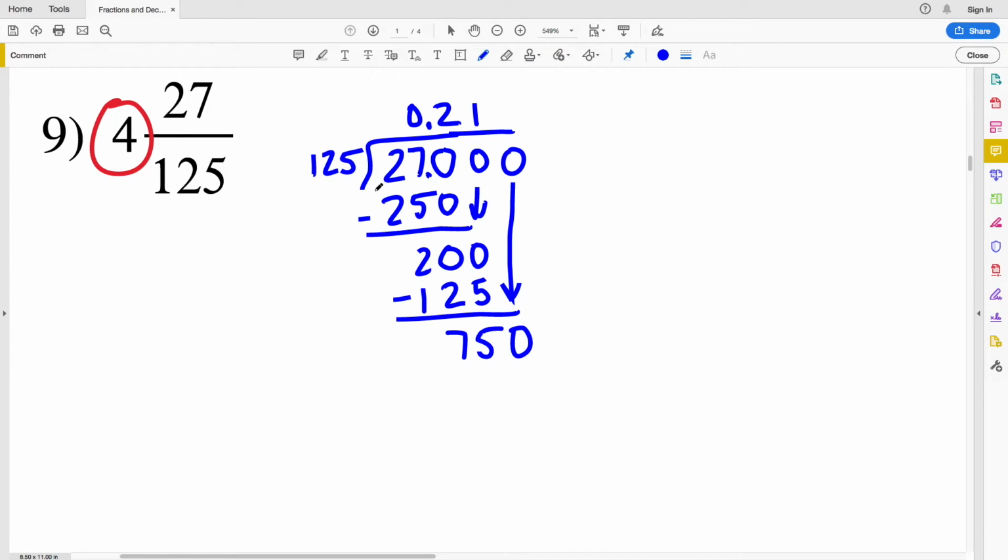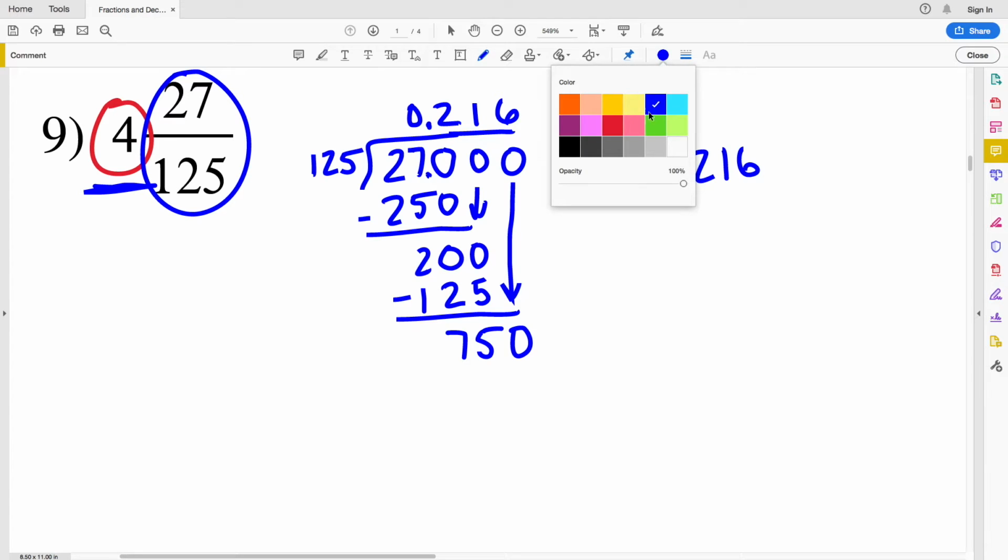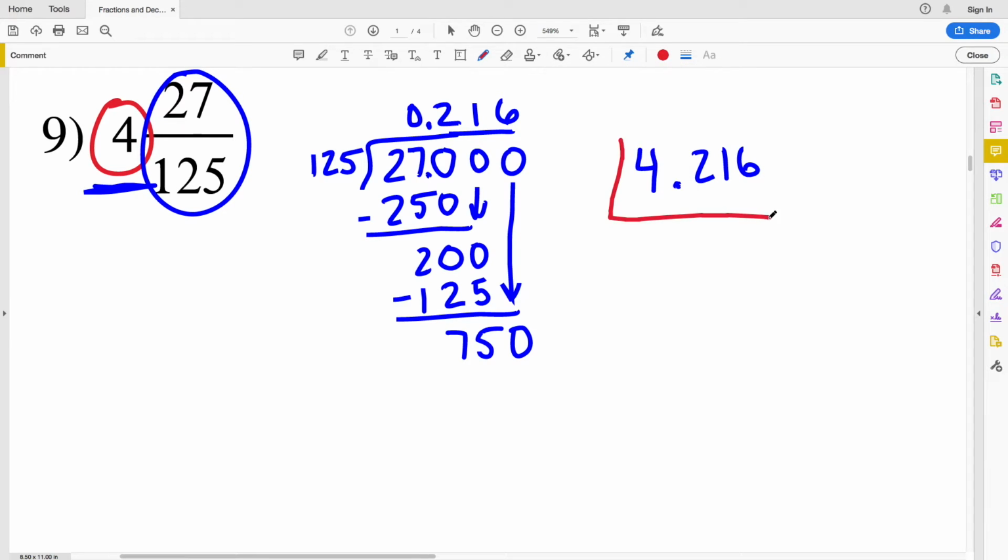So 0.216 is my decimal that represents 27 over 125. However, we can't forget about that 4. So my final solution is 4.216, or 4 and 216 thousandths. That's my solution for number 9.